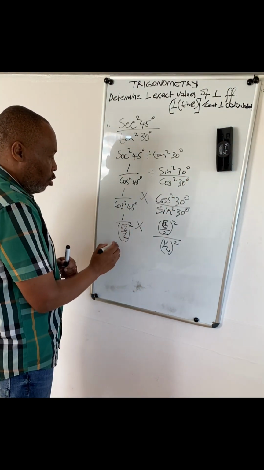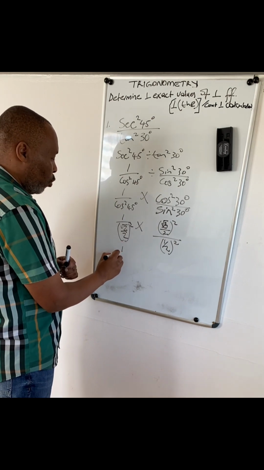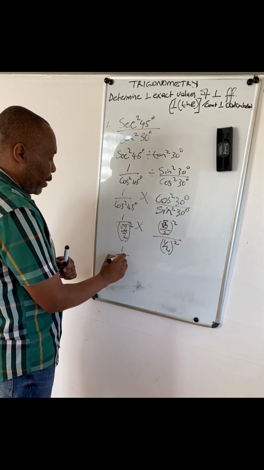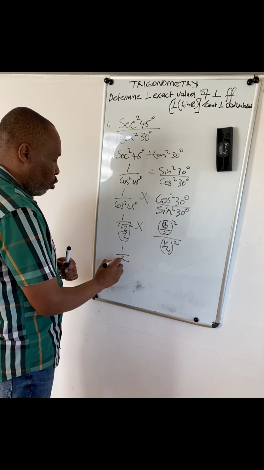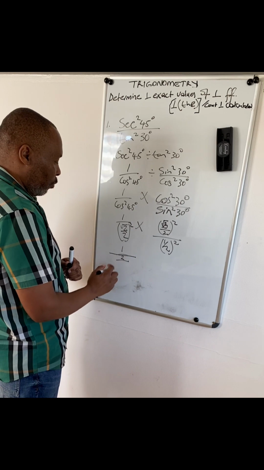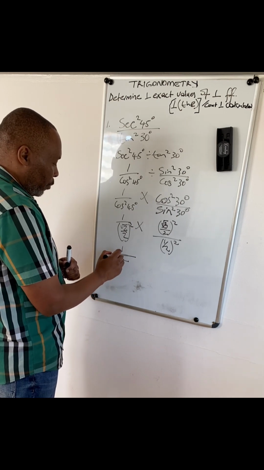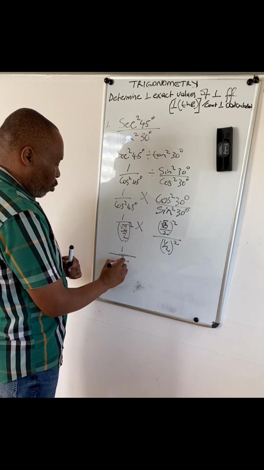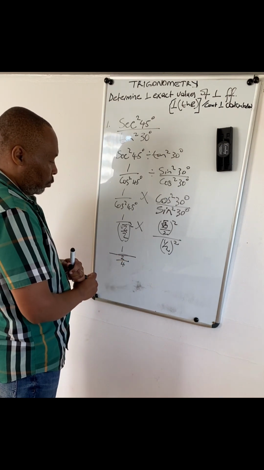So we have 1 over root 2 squared, which is 2, all over 4. It's 1 over 2 over 4, right?